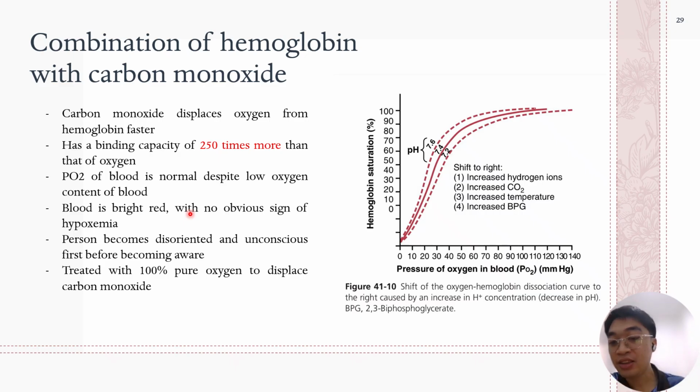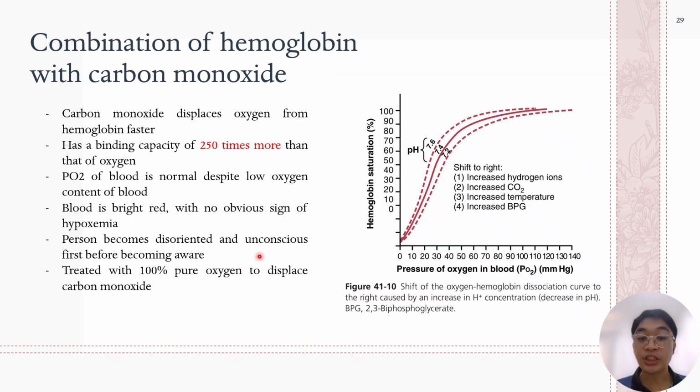So when you find these patients, they actually have cherry-red spots, very bright cheeks, despite the low oxygen content, because of the carbon monoxide. So blood is still very bright red with no obvious signs of hypoxemia.